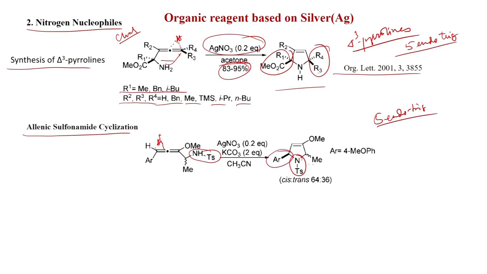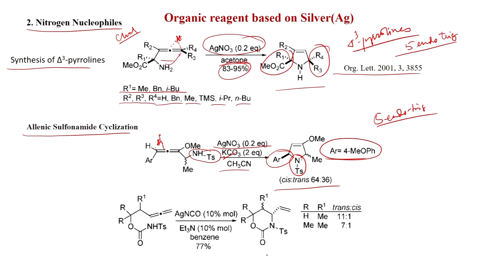So when Ar is equal to 4-methoxyphenyl, then you can get cis to trans ratio 64 to 36, and this is the condition, silver nitrate 0.2 equivalent, potassium carbonate 2 equivalent, and acetonitrile solvent, you get this product. Here this base is required, this is the acidic proton, NH tosyl. So after deprotonation only this becomes the active nucleophile.